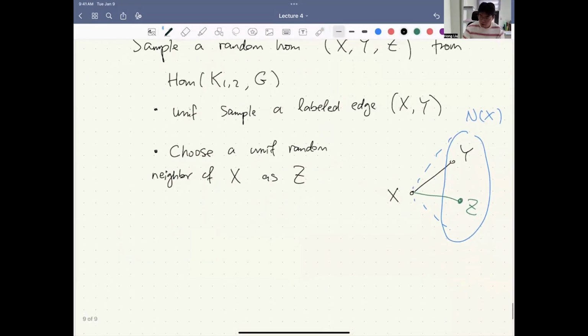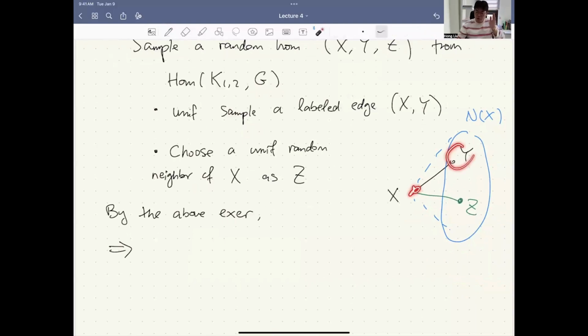So by the above exercise, we know that y and z are independent of each other, conditioning on x. If x is fixed, they are just IID copies of each other.